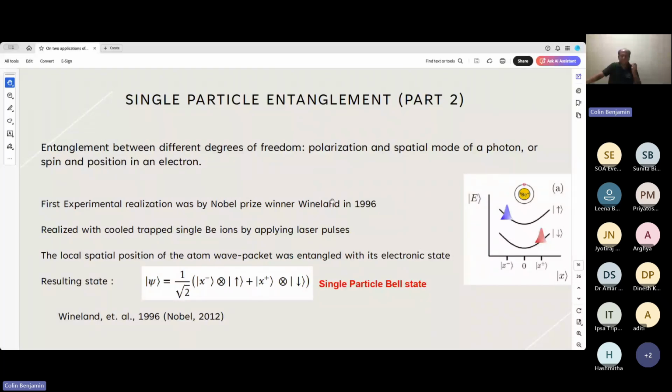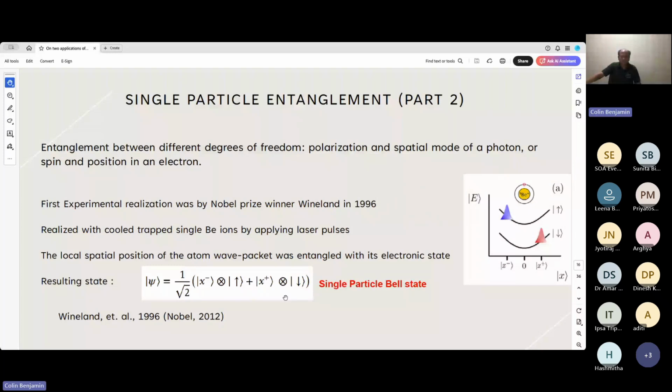And Wineland in 1996, using cold-trapped single beryllium ions, did just that. He fashioned an entangled state, which here is in the form of a Bell state, between the local spatial position and the electronic state of that single atom.